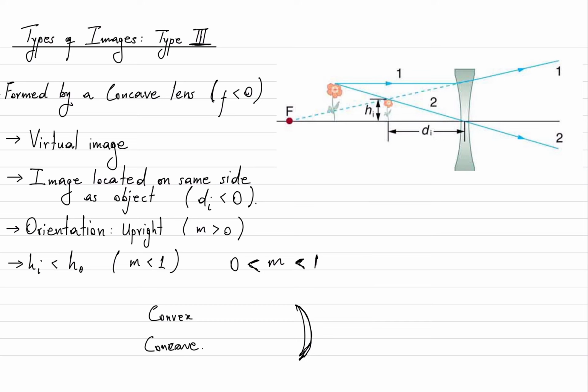The lenses have different radii of curvature. But that's beyond our scope. What we needed to do is to understand how light interacts and how images are formed by these two basic kinds of lenses. And everything else is nothing more than a combination of these. And with that, we conclude our discussion of geometric optics.